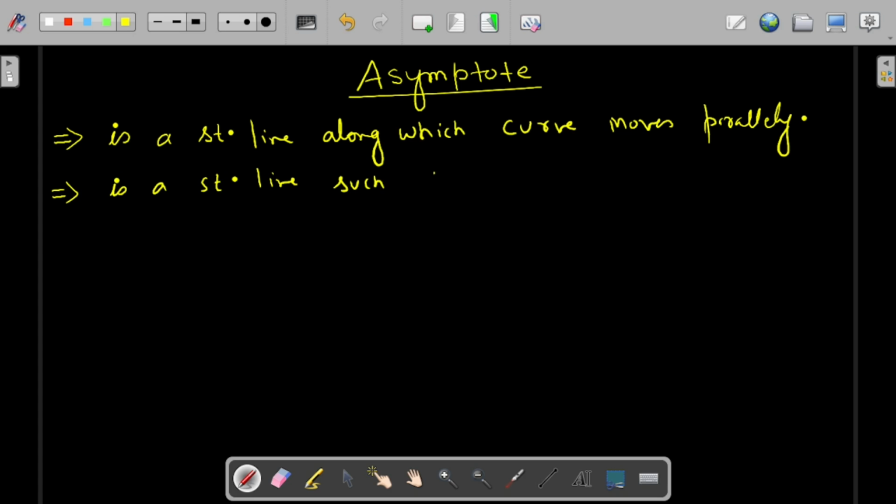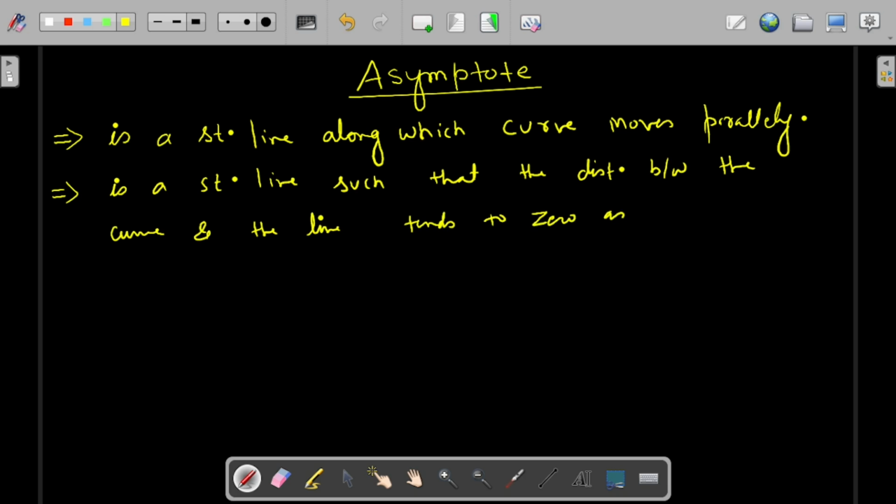such that the distance between the curve and the line, that is my asymptote, tends to 0 as one or both of the x or y coordinates approach infinity.